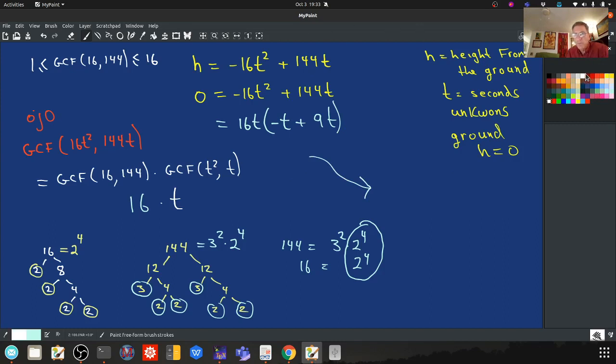So putting it all together, I have 16t times minus t plus 9 is equal to 0.